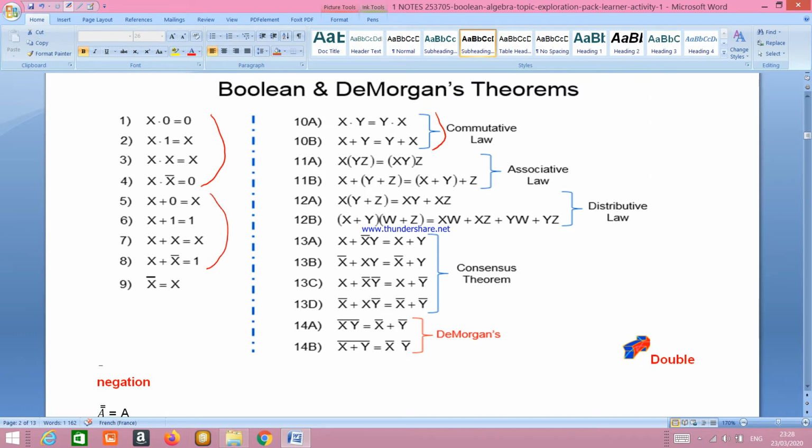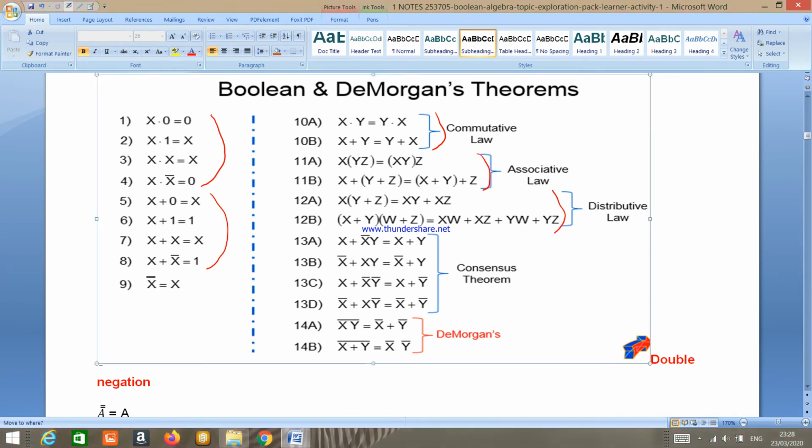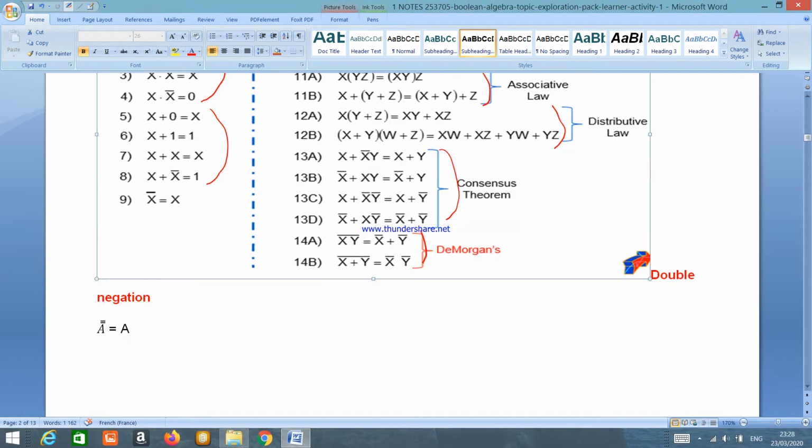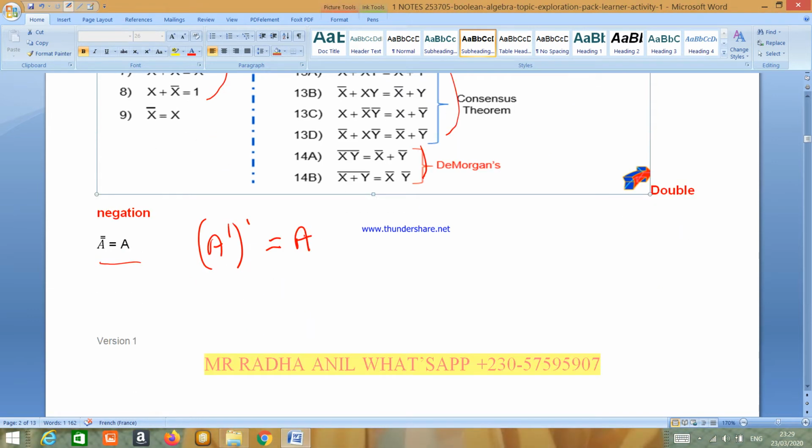These are the commutative law, associative law, distributive law, consensus theorem, and De Morgan's theorem, the famous one. You have to remember these rules by heart. And also the double negation: it means A dash dash is the same thing as A. We'll look at it in more detail.